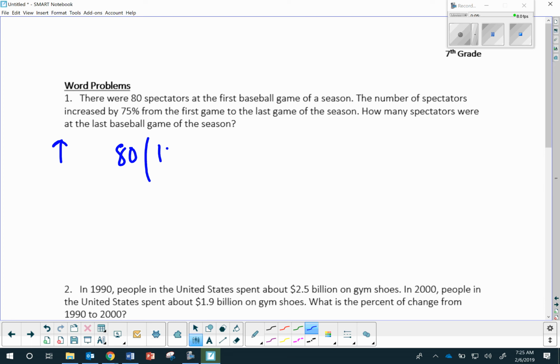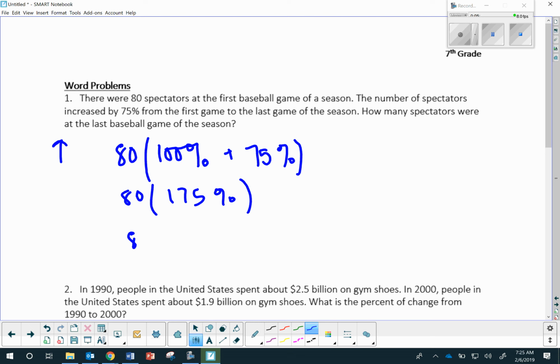We're going to multiply, still keeping that 100%. This time we're going to add 75% because we know we're increasing it. That equals 80 times 175%. This equals 1.75 as a decimal. When you do that multiplication, you should end up with 140 spectators.